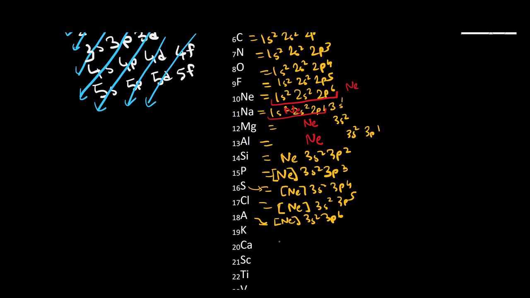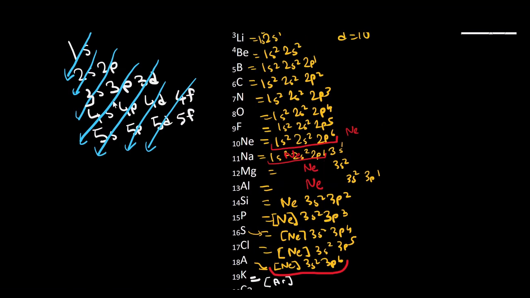Now we are going to do the same thing, and we are going to make another shortcut, because we love doing that. So this one is now just going to be argon. So we continue here. So now we are just going to say this is going to follow the electron configuration of Ar, and then 3p6.